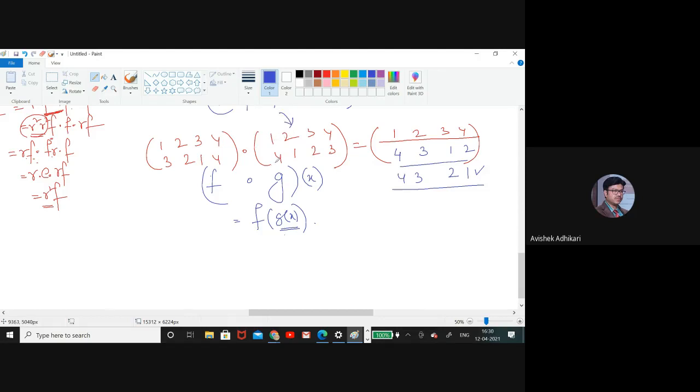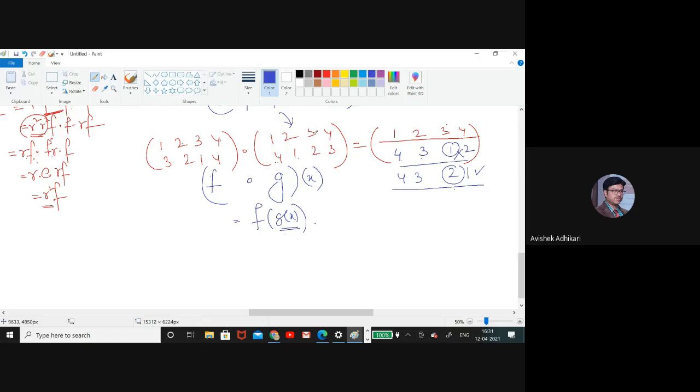So 1 goes to 4, and then check where this 4 goes, and here 4 goes to 4. So ultimately 1 goes to 4. Then start with 2. 2 goes to 1, and here 1 goes to 3. So ultimately 2 goes to 3. Then 3 goes to 2, and here 2 goes to 2. That means 3 goes to 2. So it is correct that 3 goes to 2. This one is wrong.